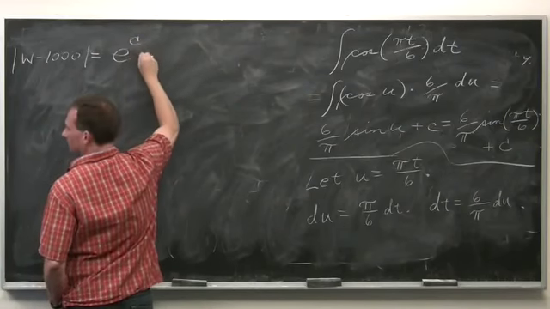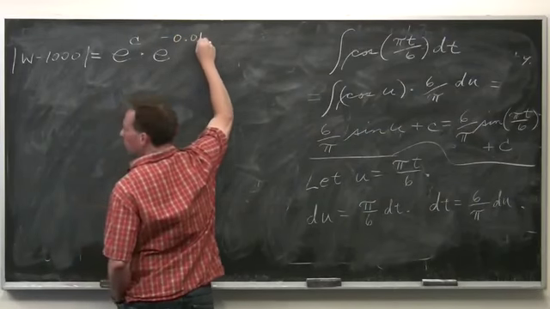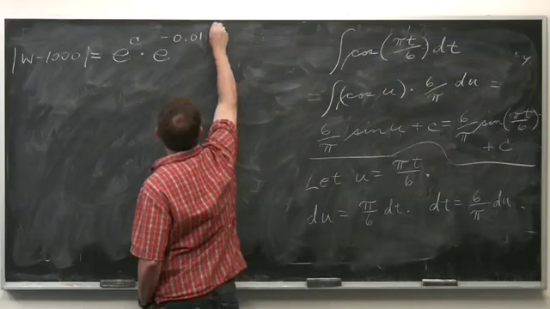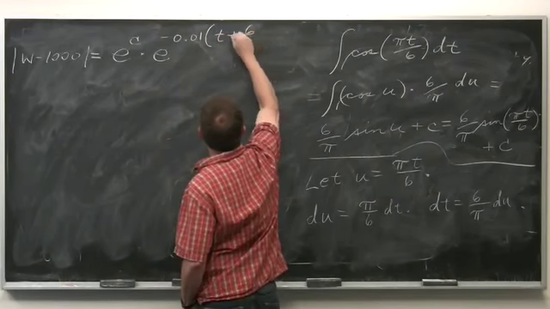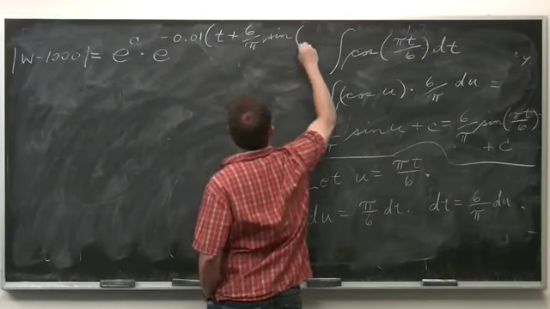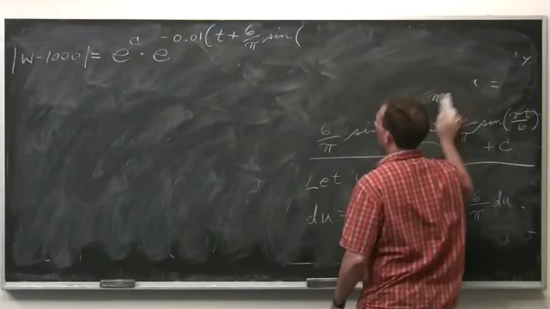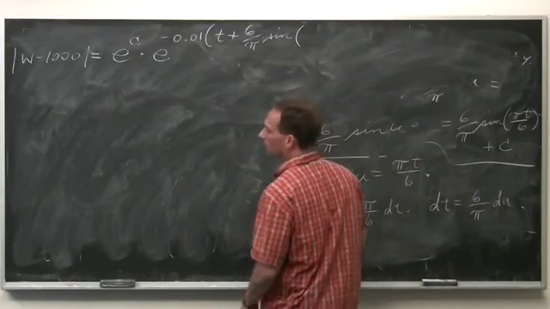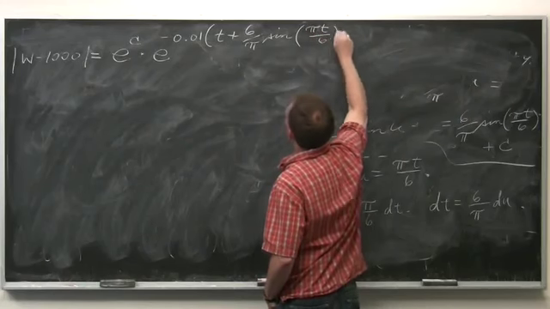You get an e to the c times e to the negative 0.01 times t plus 6 over pi times the sine of pi t over 6.